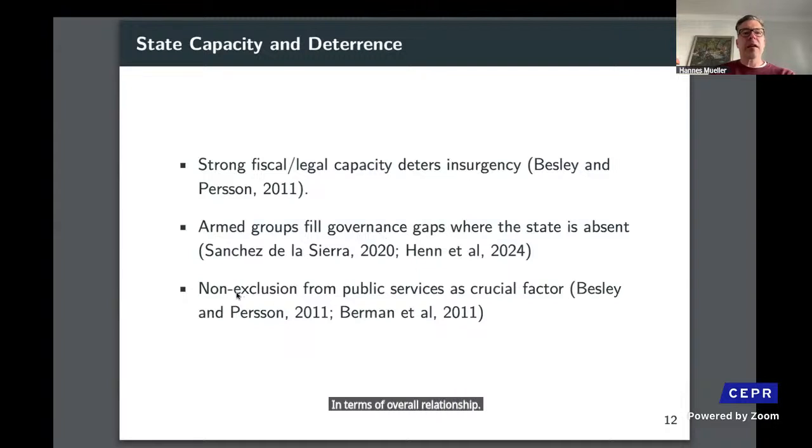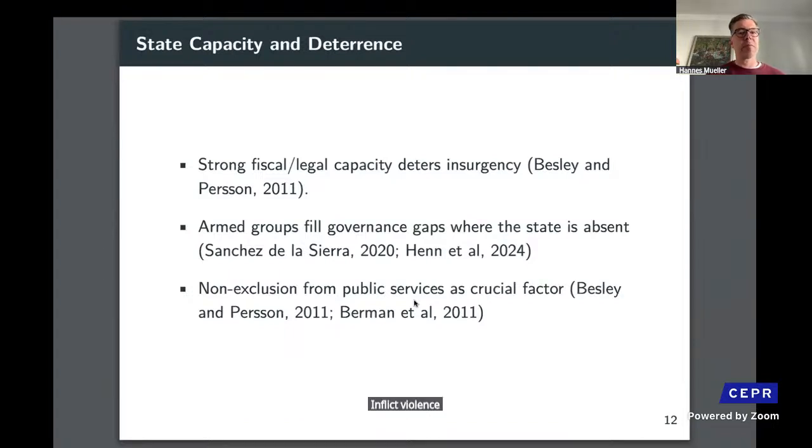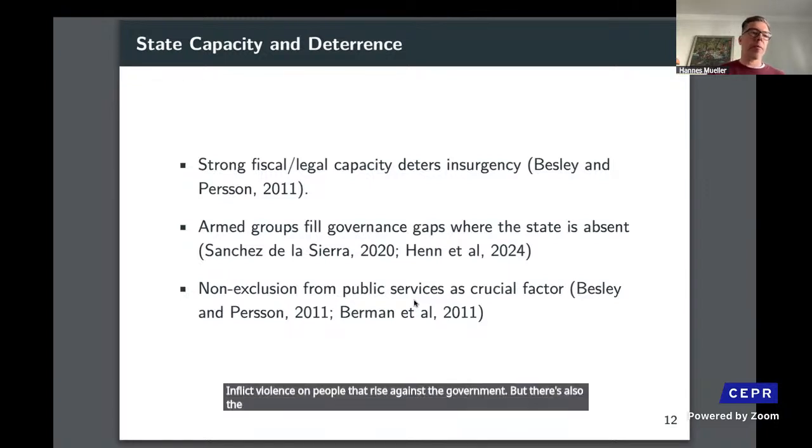And what I want to stress before I get to the next part of the presentation is non-exclusion as a really crucial element in the way that states can prevent violence. If you have strong states, of course, there's this repressive element, right? There's the ability to inflict violence on people that rise against the government. But there's also the ability to provide public services, right?